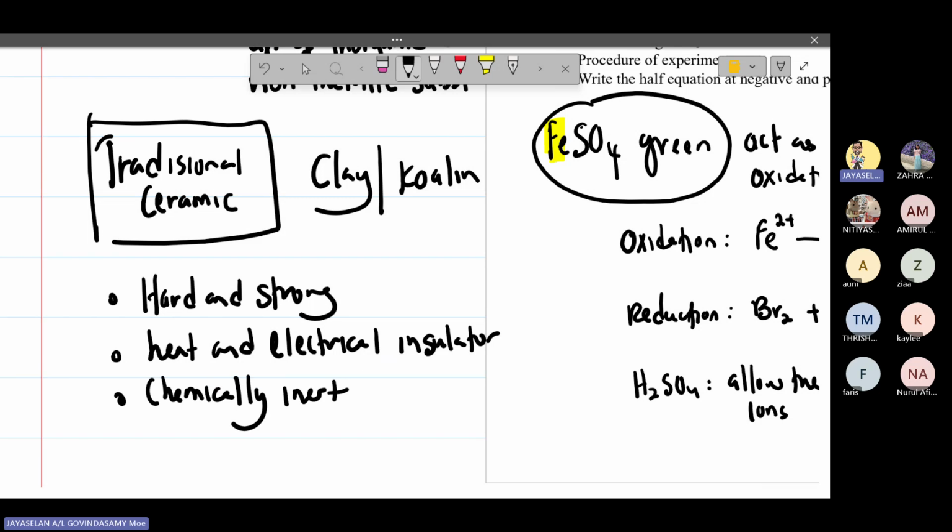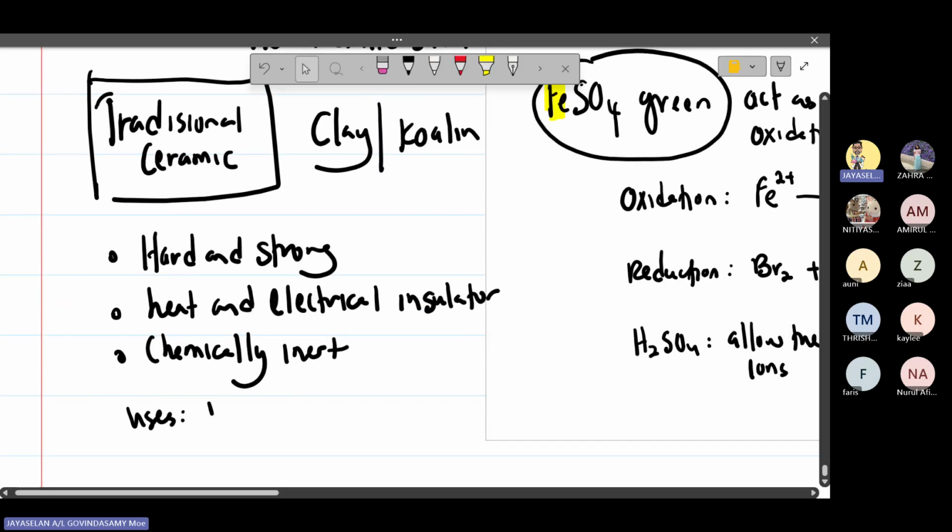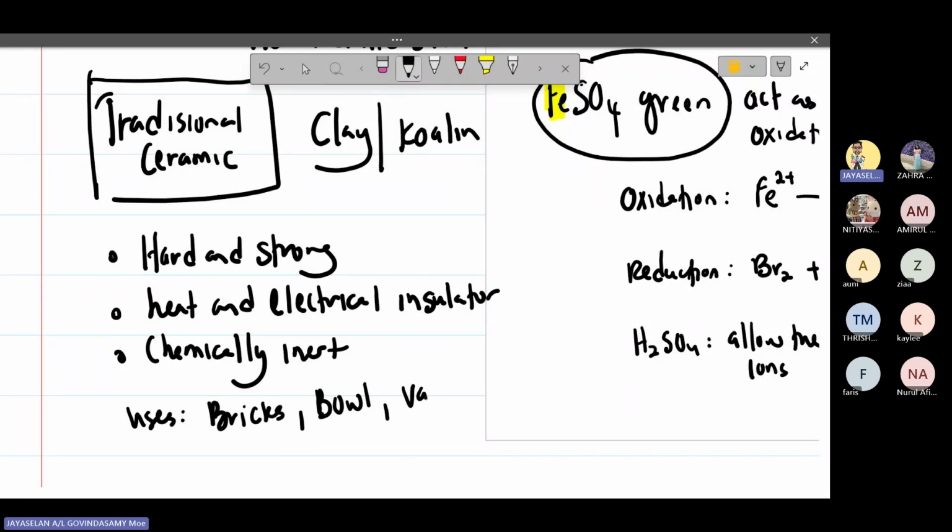You can pour acid like this. It is used to make what? Bowl, all that. What are the uses of traditional ceramic? It's used to make bricks. It's also used to make bowl, vase, tiles. Understand?